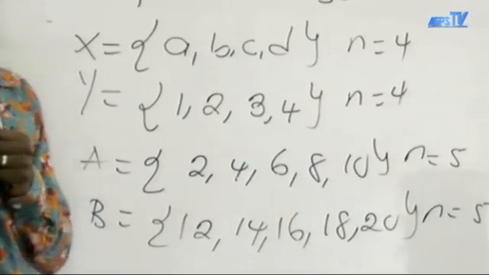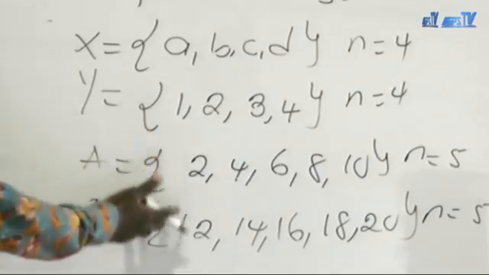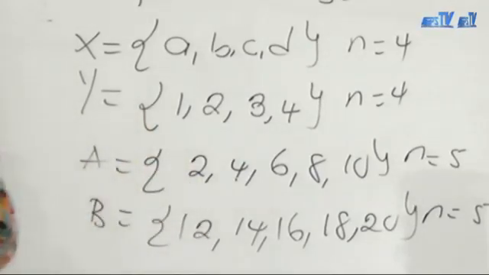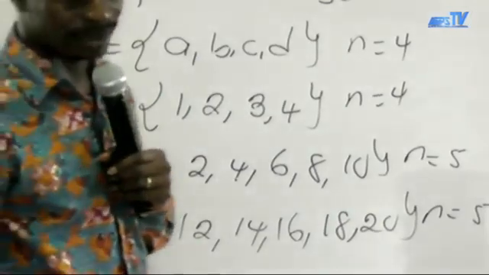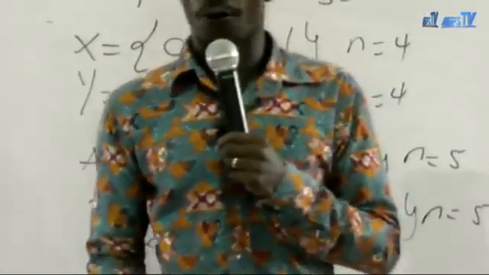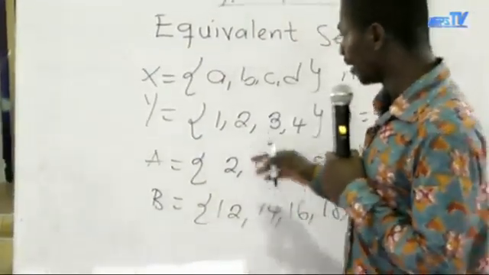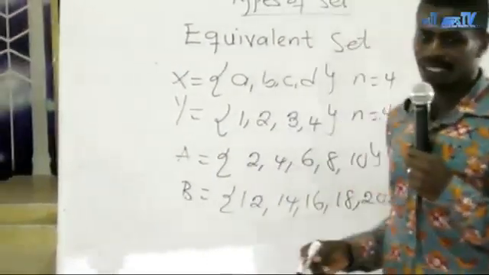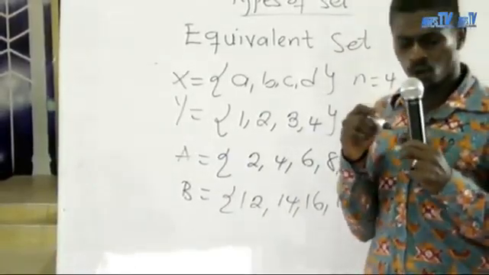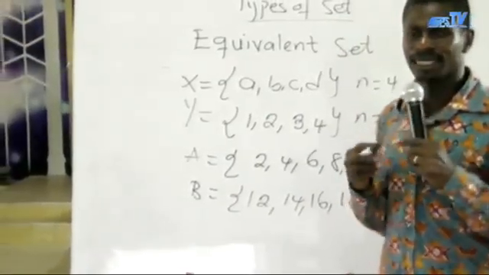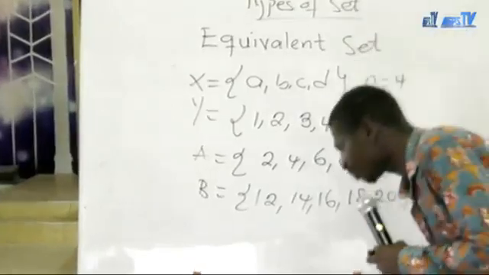So we conclude that these two sets have the same number of members, but not the same members. So the definition of equivalent sets is true. And so we say that these two sets are equivalent and not equal.